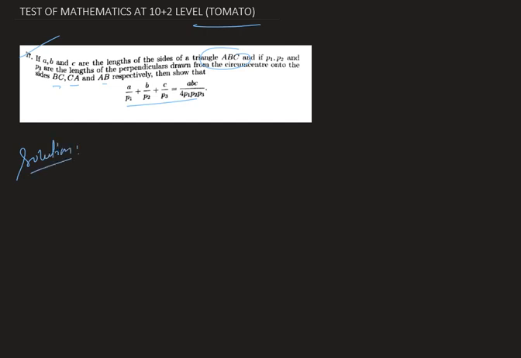As P1, P2, P3 are the lengths of the perpendiculars drawn from the circumcenter O to the sides of lengths a, b, c respectively, then from the diagram we can say that... So first of all we draw the diagram.